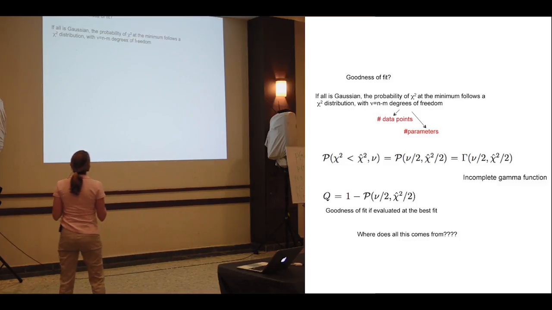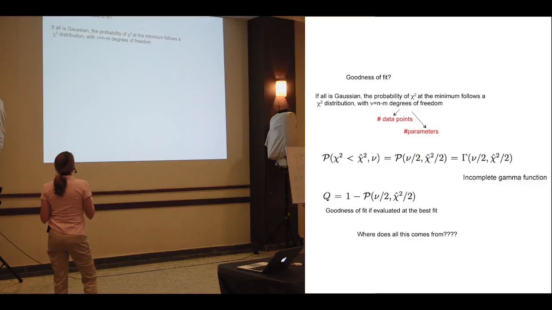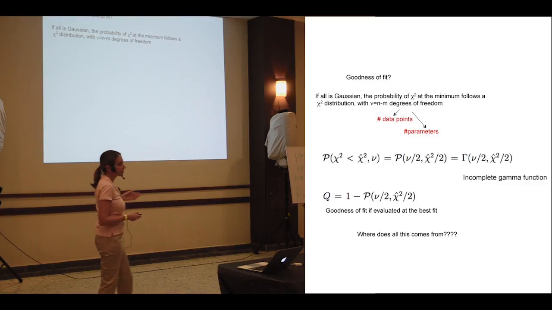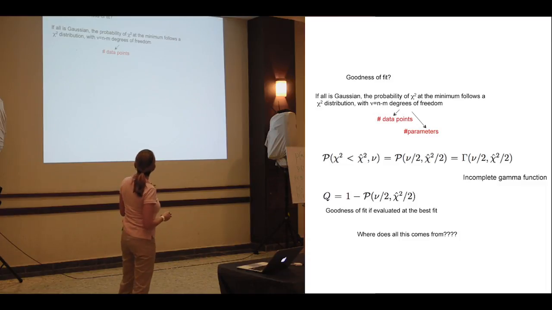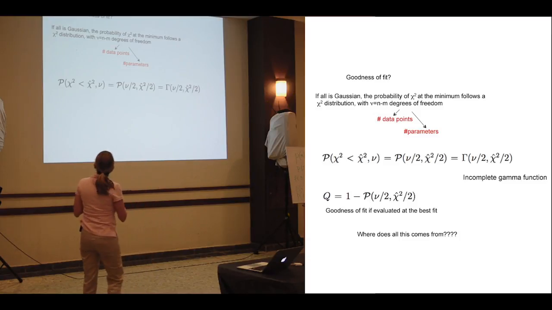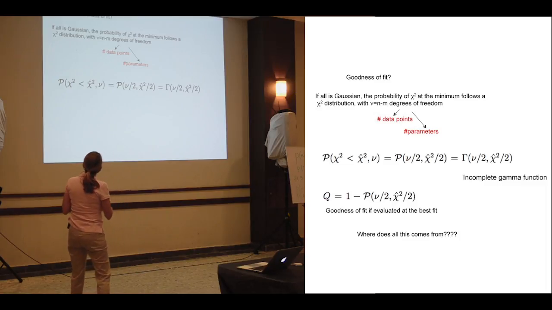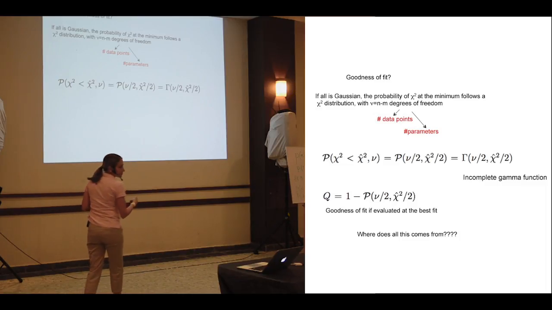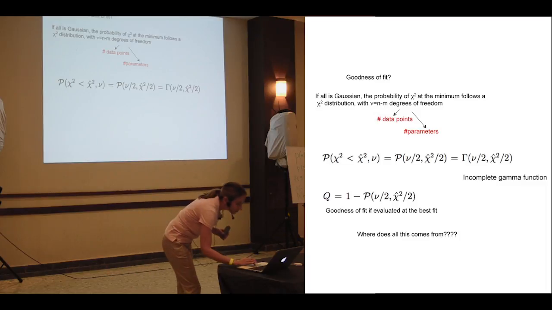If all is Gaussian, then the probability of that chi-square at the minimum follows a chi-square distribution with some degrees of freedom, where the degrees of freedom are the number of data points minus the number of parameters you're trying to estimate. And the probability distribution is given by this gamma function.